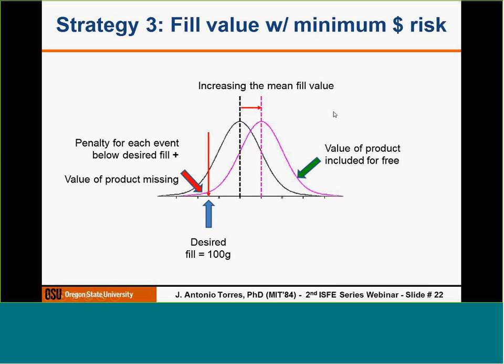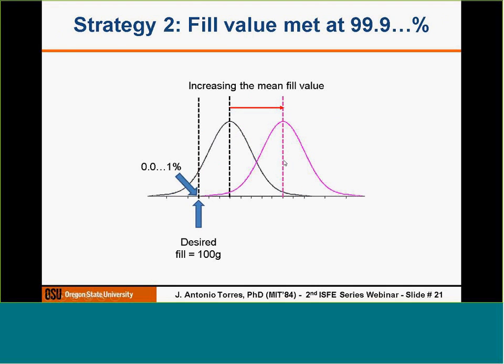So back. And this means the fill value goes further and further to the right side. And this tail here, as far as you want to. So I can go to 0.00000 whatever 1% and meet this desired fill weight of 100 grams.